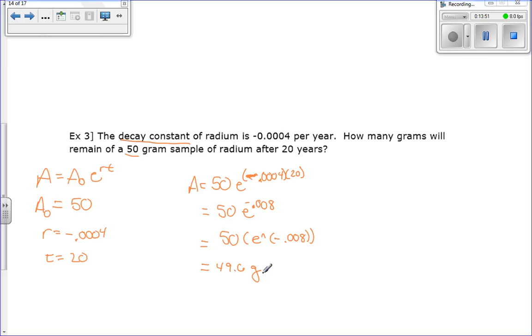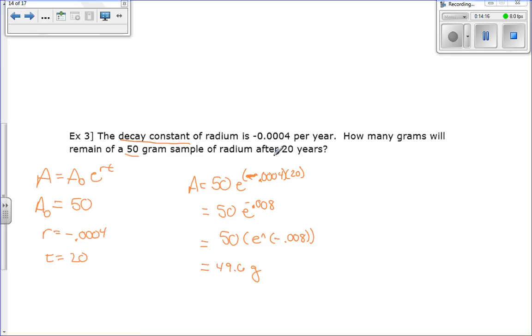So obviously this is one of our radioactive types of elements. And after 20 years, only 4/10 of a gram has gone away. So it just shows you how long it takes for radium to decay.